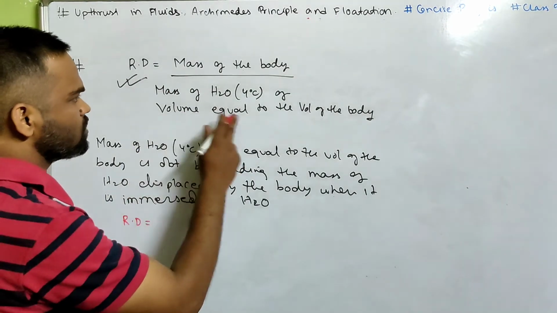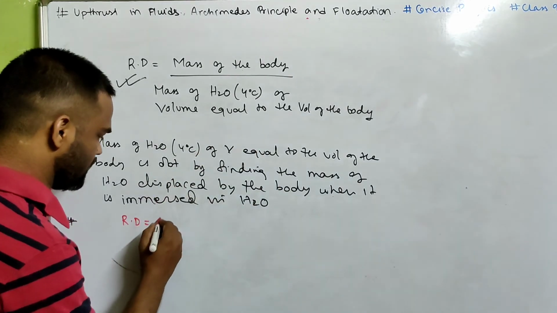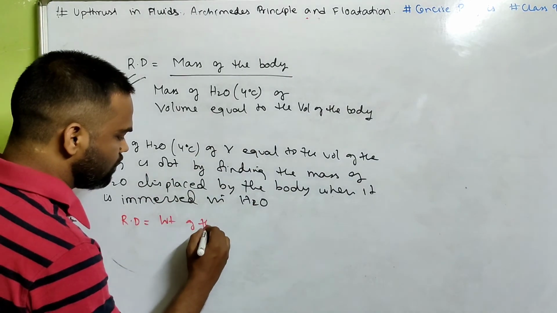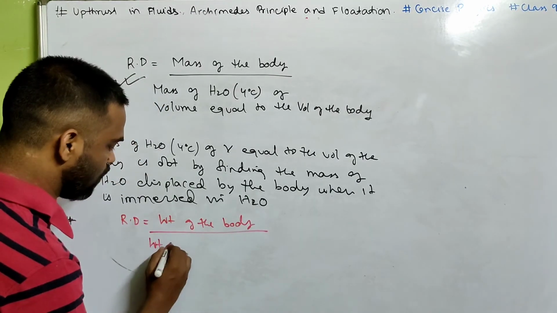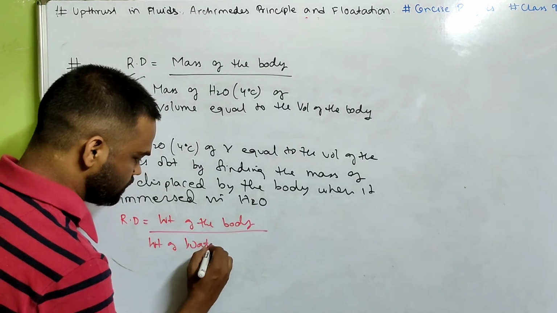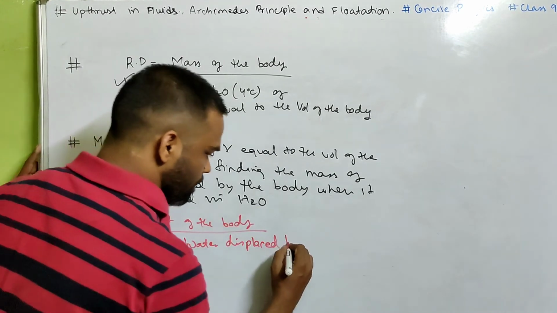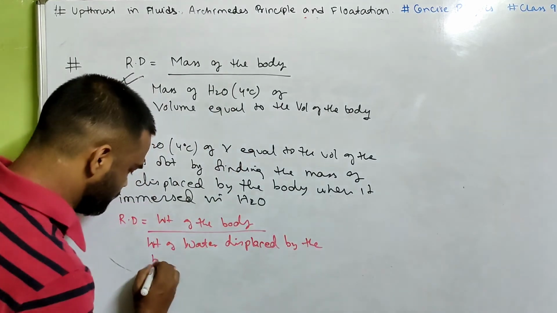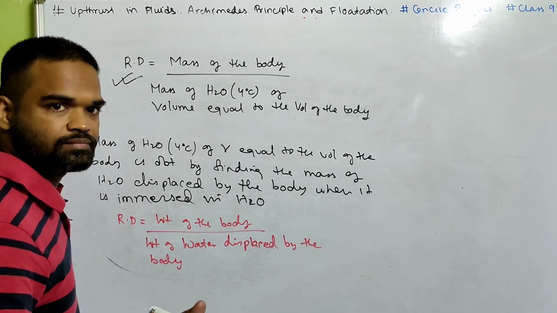mass of the body by mass of water of volume equal to the volume of the body. I can write weight of the body by weight of water displaced by the body when it is immersed in it. Yes or no?